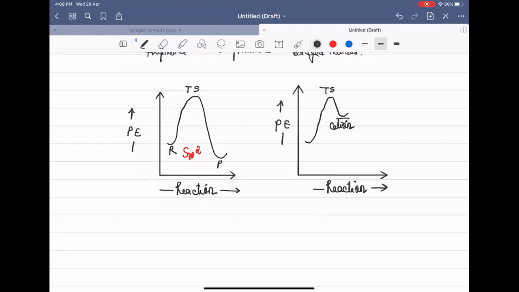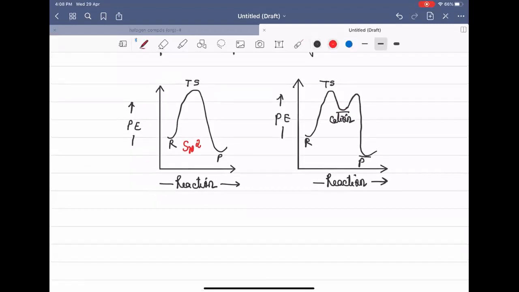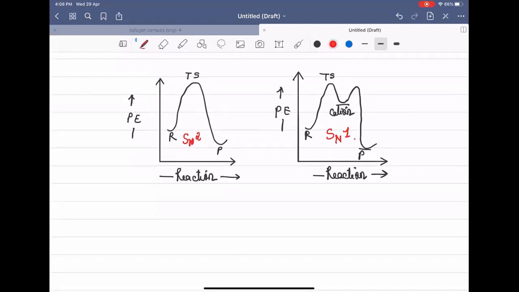So very quickly the transition state is reached, but then it falls back into the cation. And then we have the next thing. This is where your product is. So when you have one drop here, this indicates there is one intermediate formed, which is so important. This is SN1. You may draw this because I have not given this in my notes.